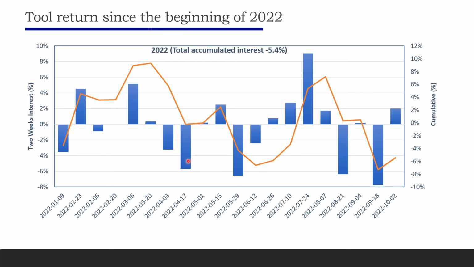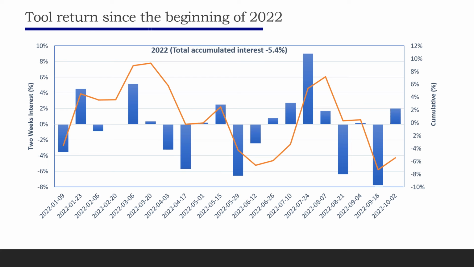With this bar you can see the return of the previous package, which is around, as I said, 2%. And then the accumulative return increased a little bit to -5%.